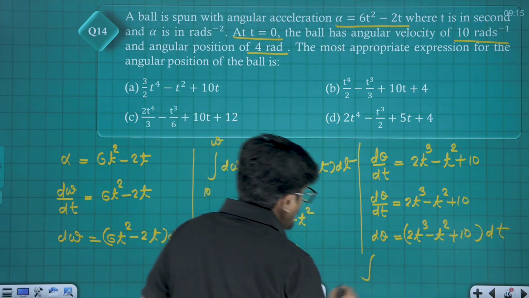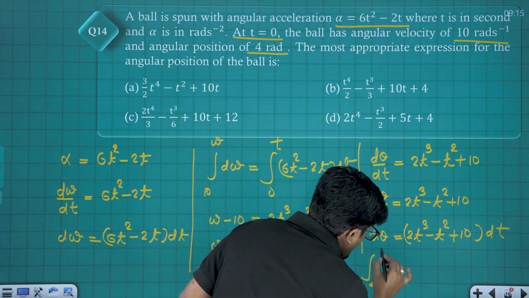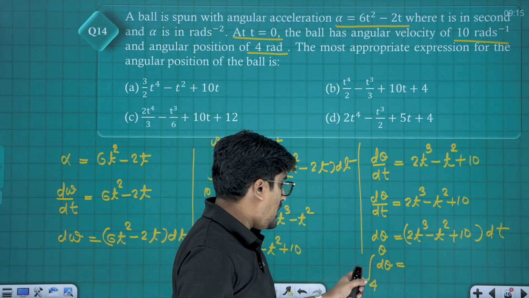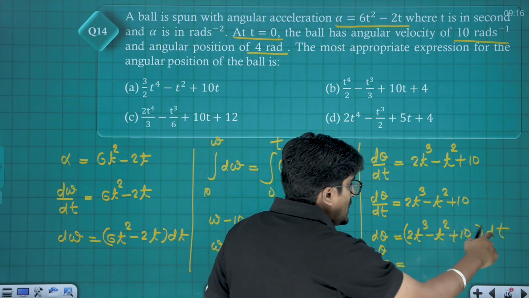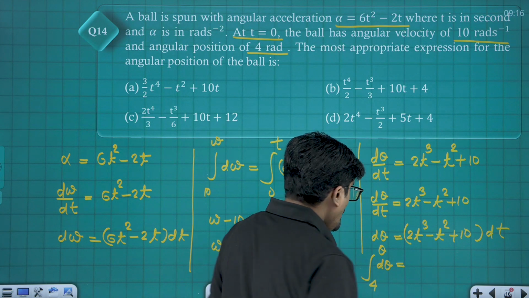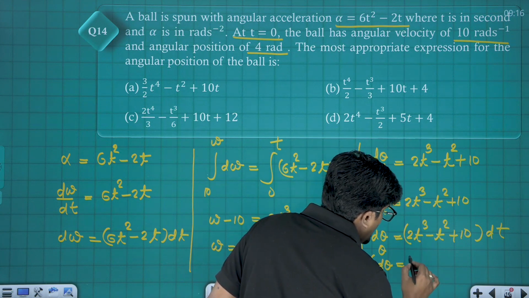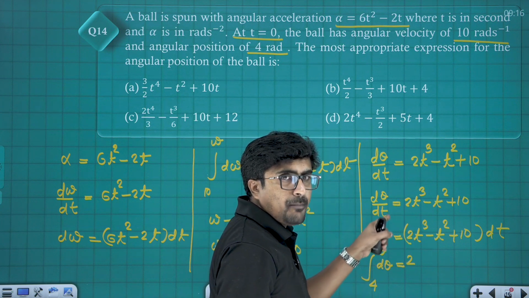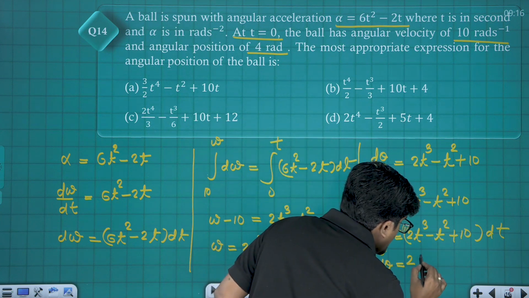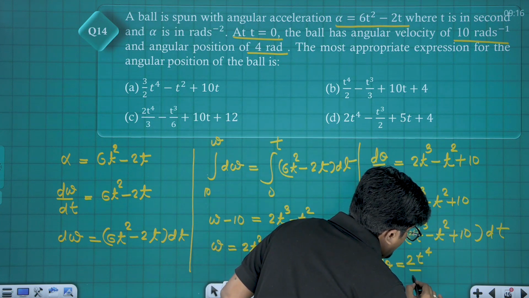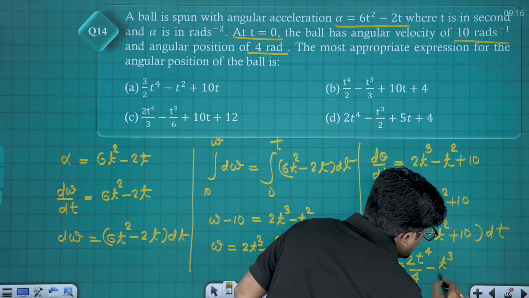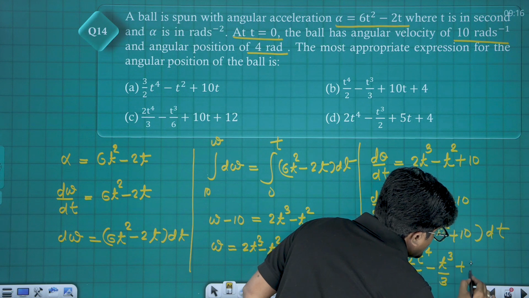Initial displacement is 4. Initial angular displacement is 4. And here I am going to write this as integral 4 to theta d theta, that is going to be, if I integrate this, 2 into t raised to 4 by 4, isn't it? T raised to 4 by 4 minus t cube by 3 plus 10 times t.